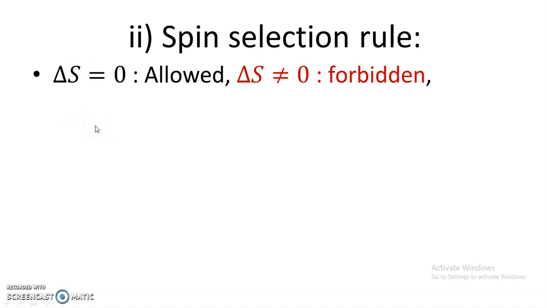The meaning of this is that only those electronic transitions which do not involve a change in the number of unpaired electrons are allowed. That is, when delta S is equal to 0, it is allowed. Hence the transitions which involve a change in resultant spin quantum number, that is delta S, are forbidden.